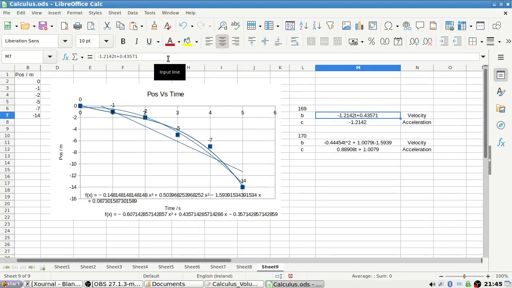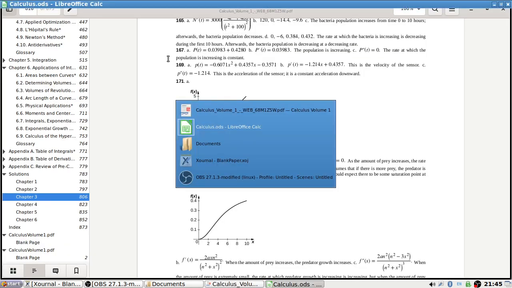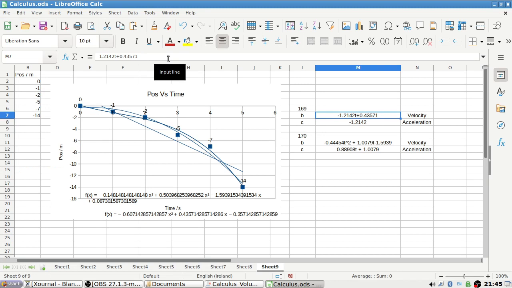Yeah, okay. I should have been a bit more careful with that. And the acceleration looks good then. Yeah, constant acceleration. Meters per second squared, put in the units actually.